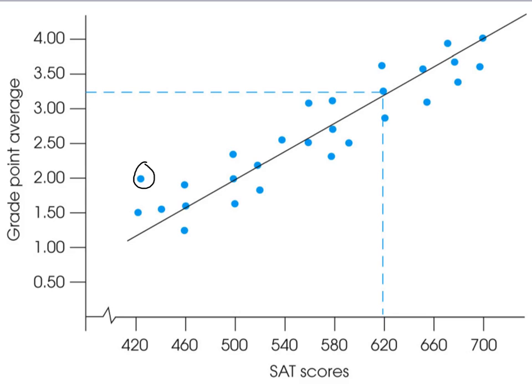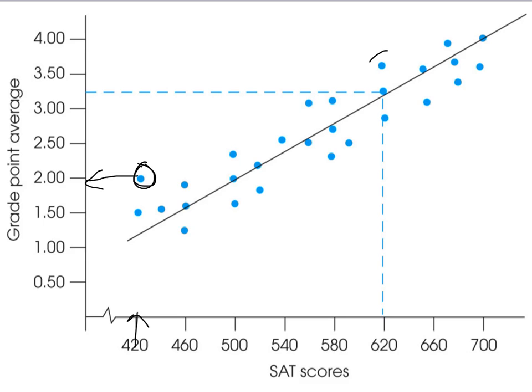But each point represents the score, and let's say we're dealing with a person here because we're dealing with SAT scores and grade point average, which is what is listed on your y-axis. Each of these points represents a score for SAT for that person and the person's grade point average. So this individual right here scored 420 on the SAT and got a grade point average of 2.0.